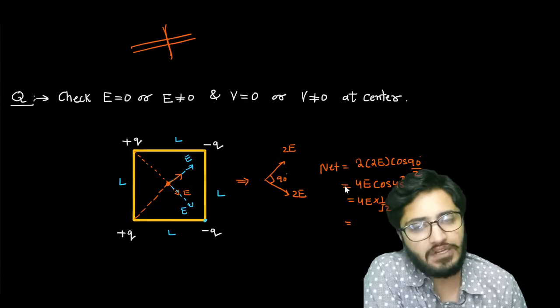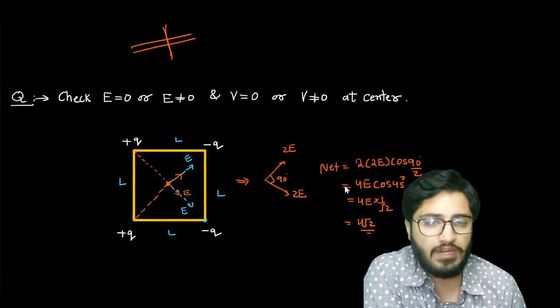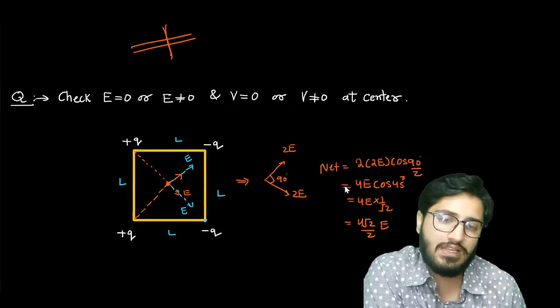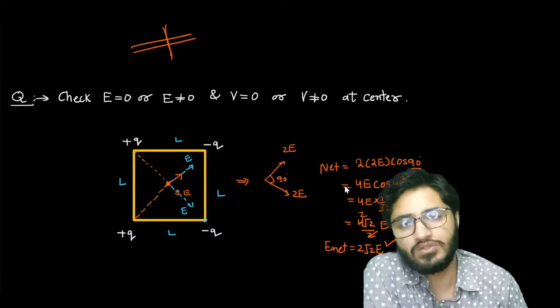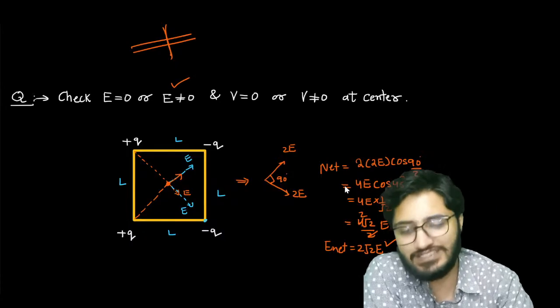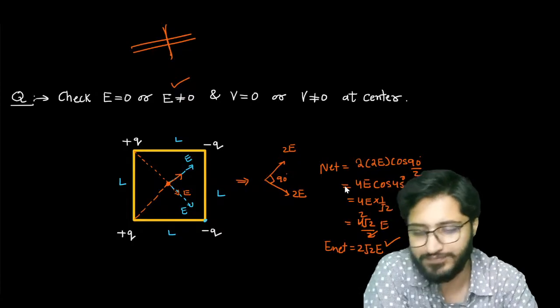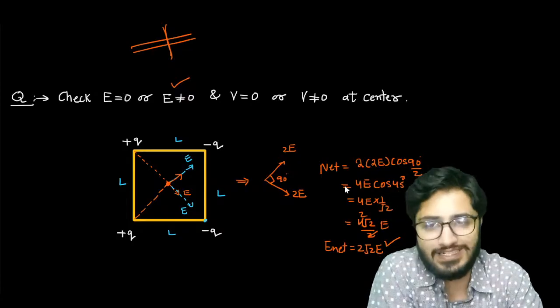So 4 root 2 divided by 2 E, so my E net at the center will be 2 root 2 E. Okay, so here the electric field intensity at the center is not 0.